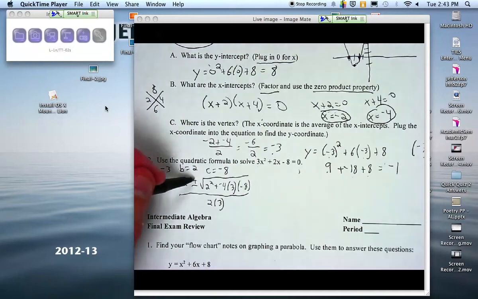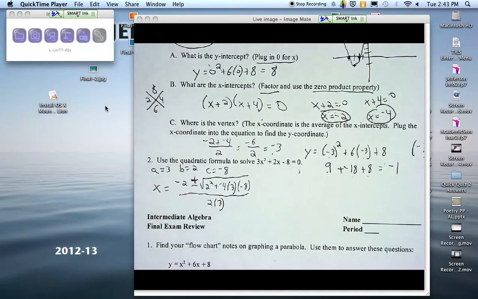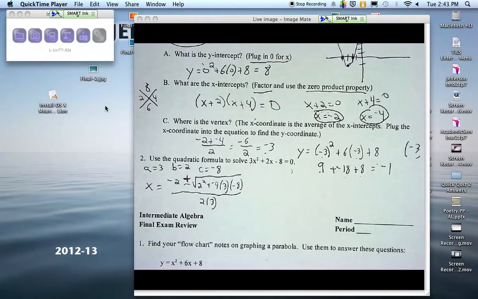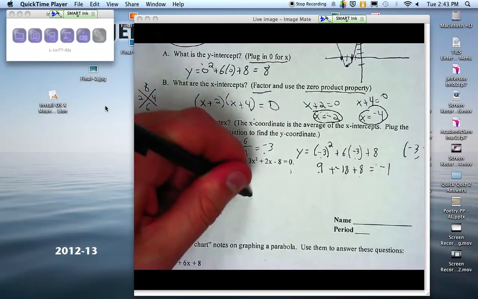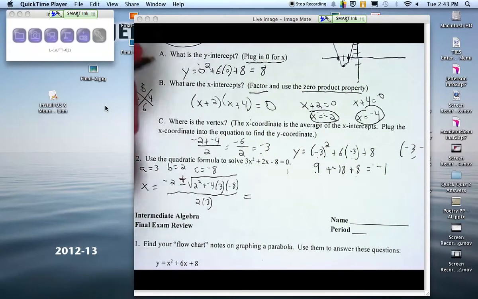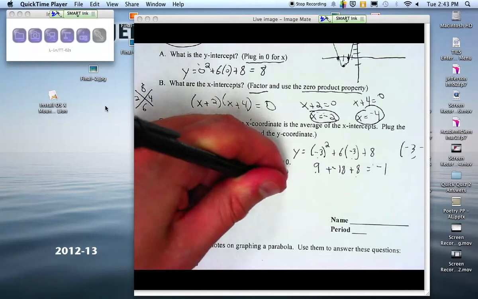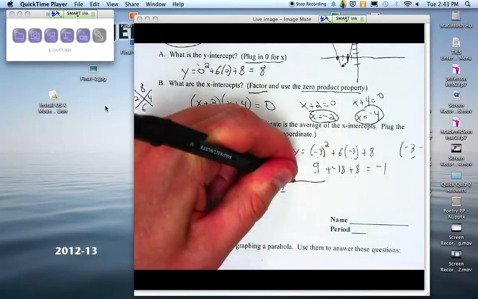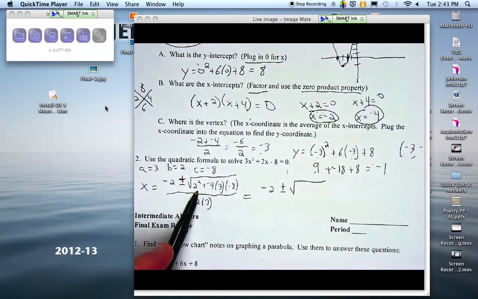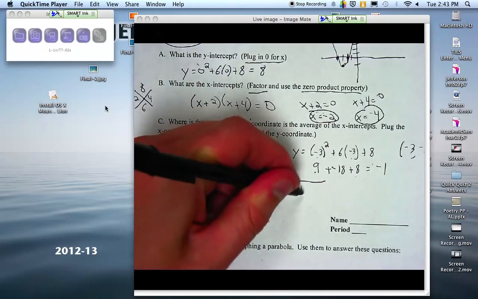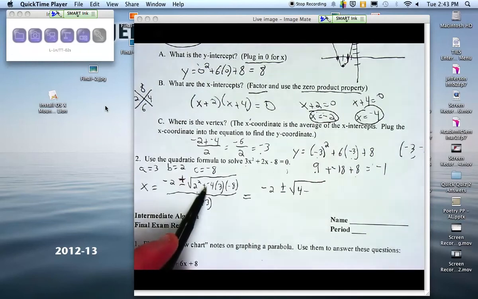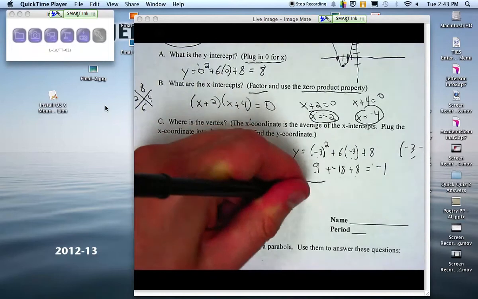Remember, this plus and minus is representing two solutions at once, and so I will just get those two solutions at the very end, right? And so we're going to do negative 2 plus or minus the square root. So now I'm going to have here 2 squared is 4, and then I'm going to have minus and minus, so that'll be plus.